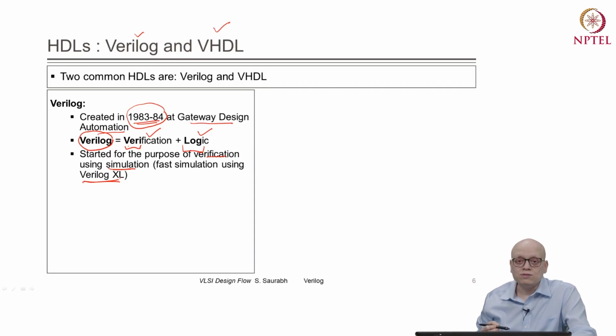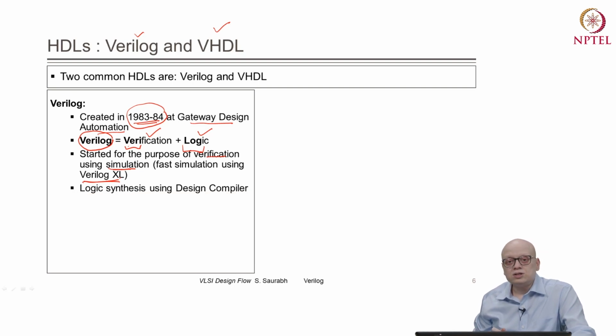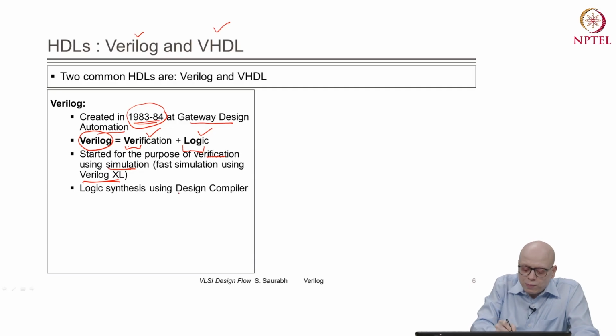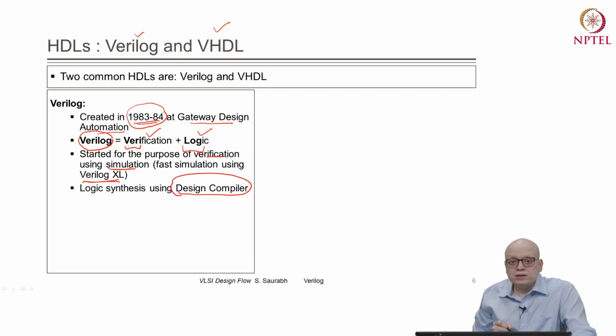And this was the first reason why Verilog became popular. Then a tool called Design Compiler from Synopsys was developed, which could actually do logic synthesis using the Verilog language.